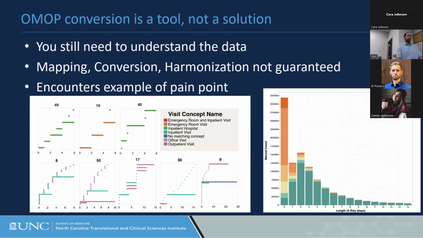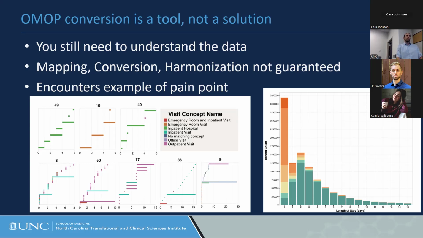Case in point, the process of mapping, converting, harmonizing on OMOP, these are not guaranteed to be 100% successful. So what we have seen, as I was alluding to before with my juice metaphor, is that when you network something like 50, 60, 70, 90, 100 sites, you get a lot of varying heterogeneous results in the data that comes out the other end.